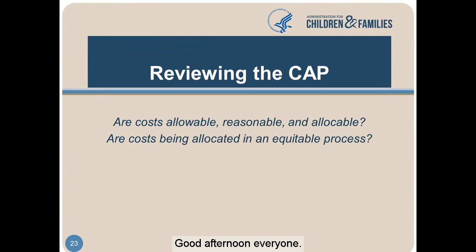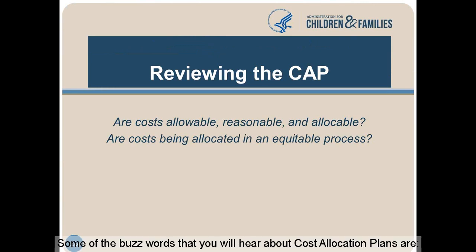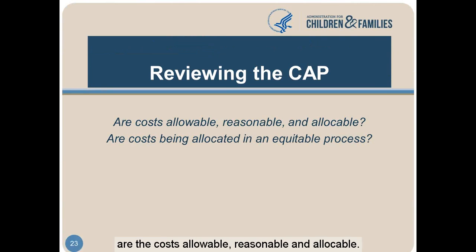Good afternoon, everyone. So as David mentioned, your state, tribe, territory, you'll perhaps be reviewing your own cost allocation plan, and you'll certainly, if you're a state, be reviewing the cost allocation plans for any of your subgrantees or local intake agencies. And so some of the buzzwords that you'll hear about cost allocation plans are: are the costs allowable, reasonable, and allocable?